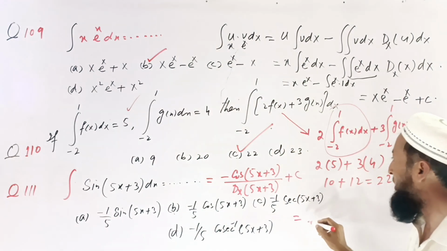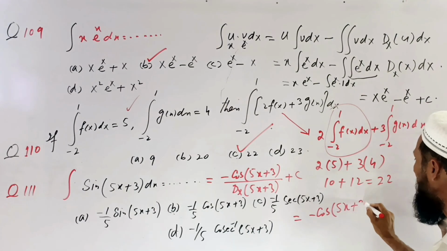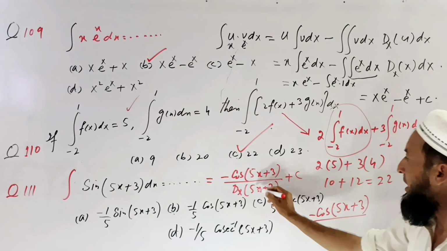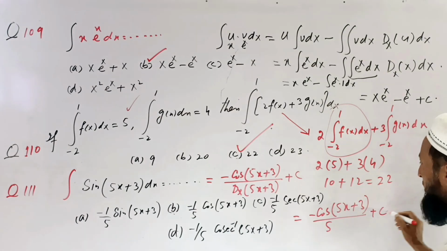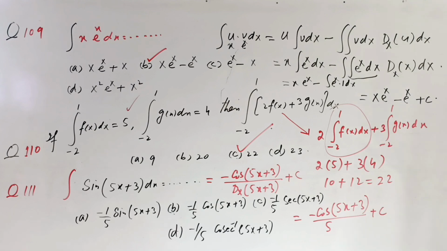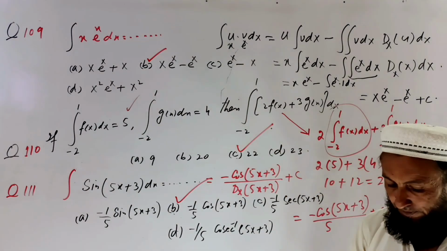If we simplify, we get minus cos(5x + 3) divided by 5, plus c. Now we check the options. Option B is the correct option.